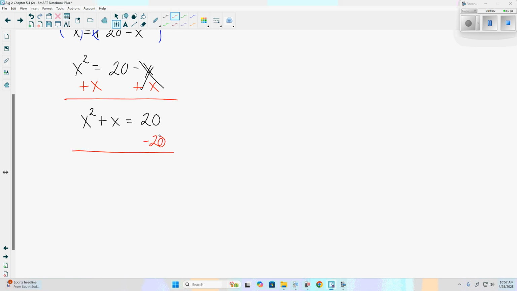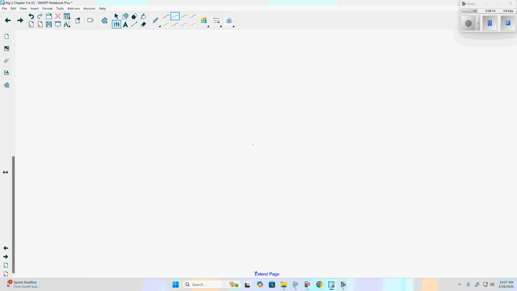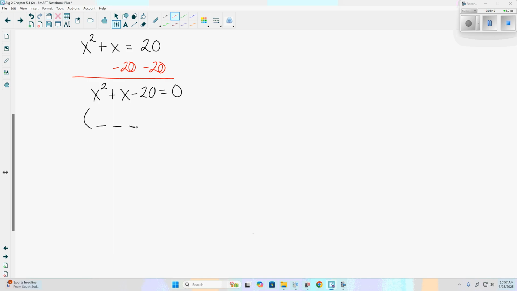Again, at this point, we can subtract 20 from both sides, telling us that x squared plus x minus 20 is equal to 0. Now at this point, we can factor. We need to find out what values of x are going to make this equal 0.